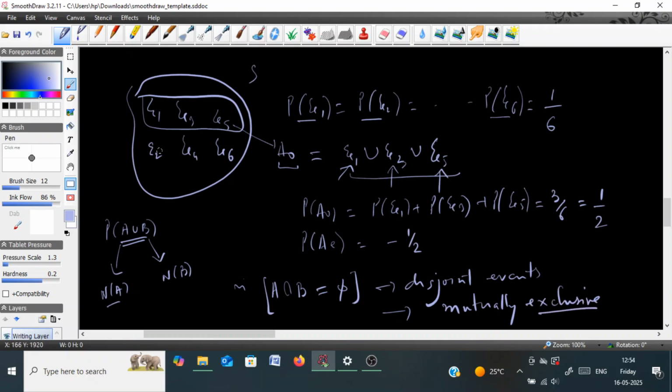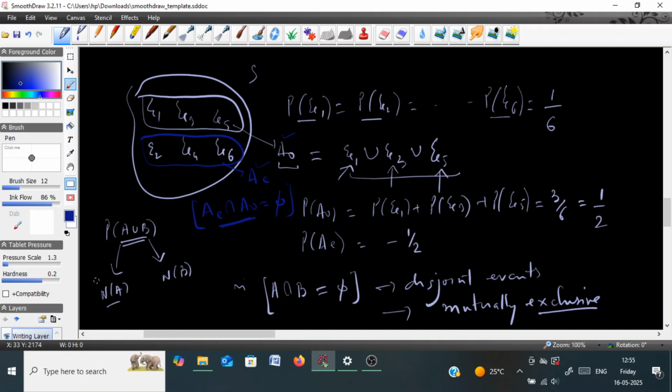Like we have defined here two events, one was A naught, one was AE. If we take the intersection of AE and A naught, definitely it is an empty set, it is phi, because if the event A naught occurs, then at the same time event E naught cannot occur. Either the number can be even or odd, they cannot appear at the same time. So that is why their intersection is phi.